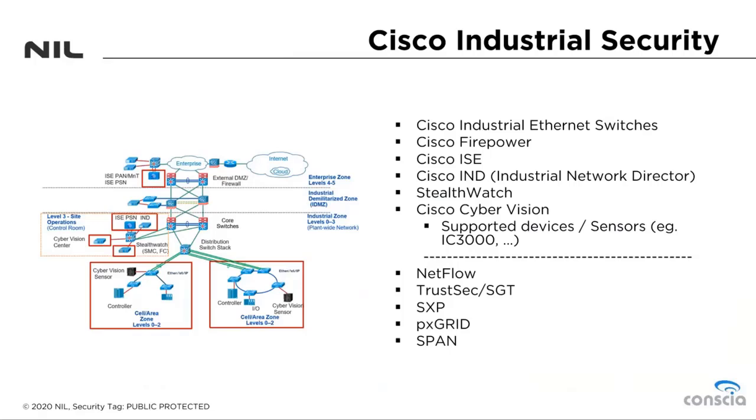And this is important because introducing segmentation can be extremely complicated, and the necessary changes have a very big impact on the network. In their solution, however, they also included Cisco Industrial Network Director, which is a tool used by OT staff that can discover OT endpoints and also easily manage network equipment.